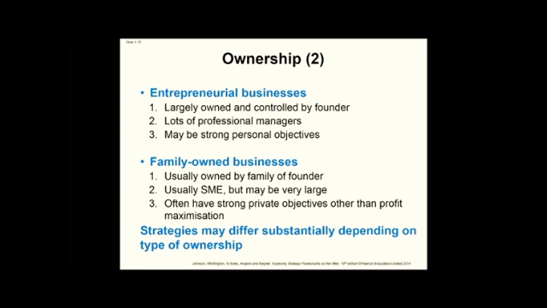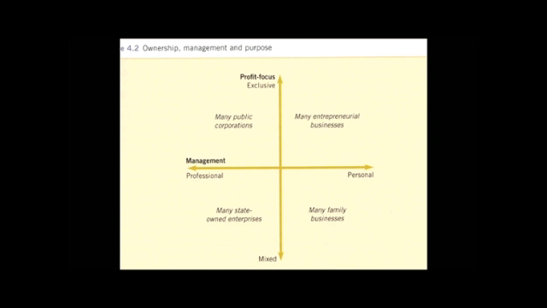So clearly enough, when you've got this variation in the ownership structure of different sorts of organisations, the strategies that you have for the different kinds of organisations could differ quite substantially. And this is an attempt at illustrating some of what you can get out of it.